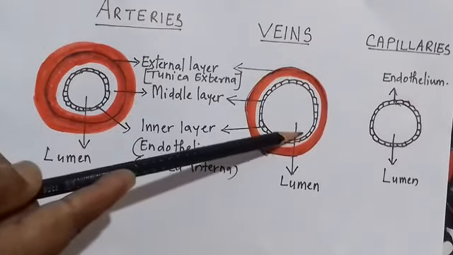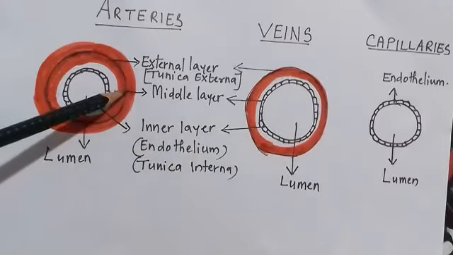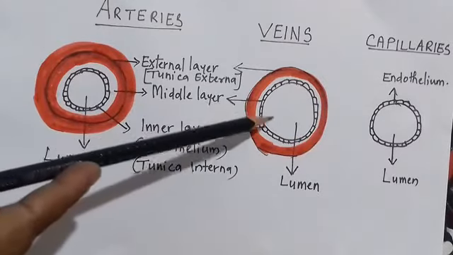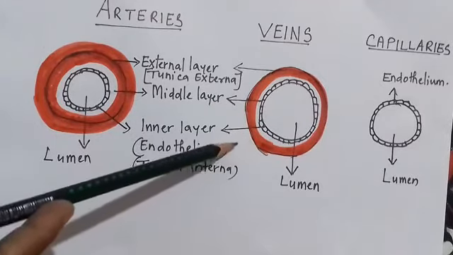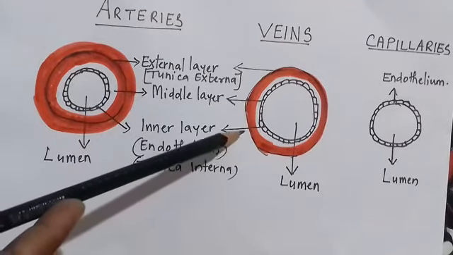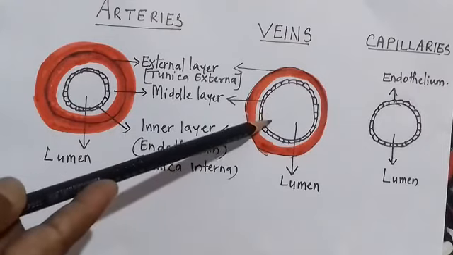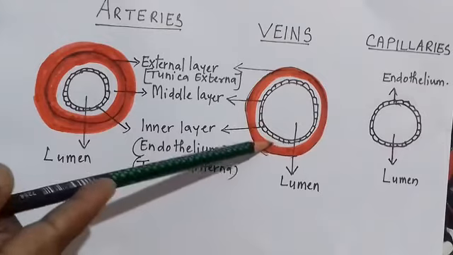Arteries are deeply seated. What we see superficially, through the skin, is where you take an injection, an IV or intravenous injection, which we take through the vein. Why is it through the vein?